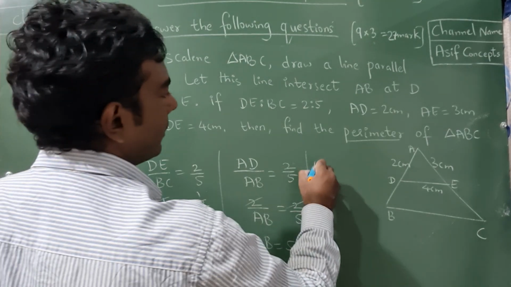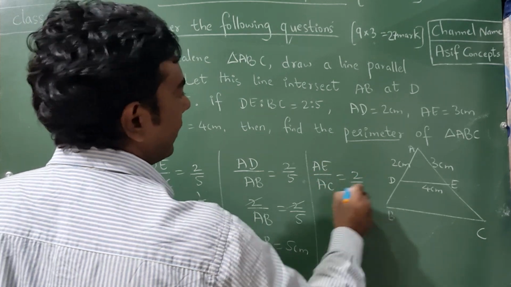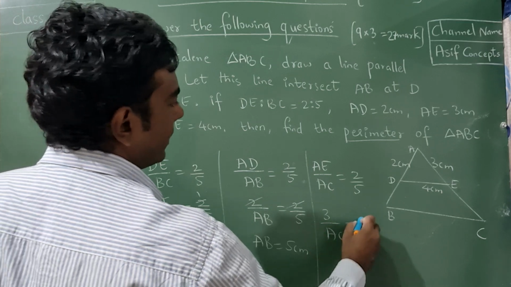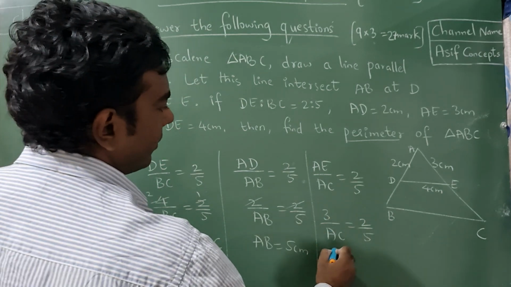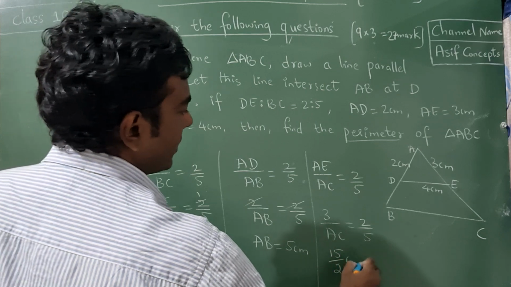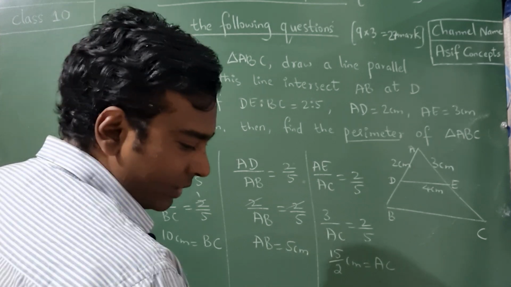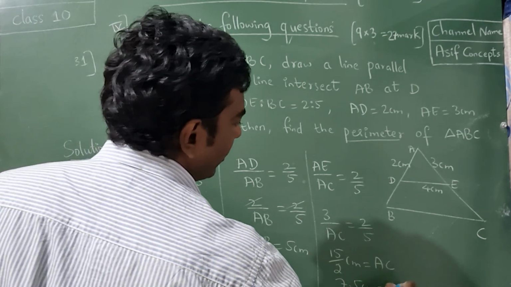Then next, AE by AC is equal to 2 by 5. Now what is AE value? It is 3 by AC is equal to 2 by 5. Now 5 3s are 15 by 2 centimeter is equal to AC, or you can write 7.5 centimeter is equal to AC.